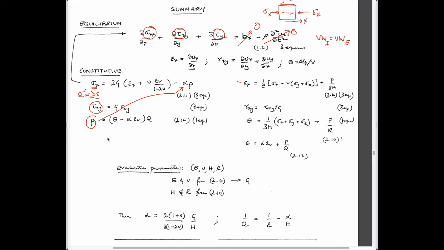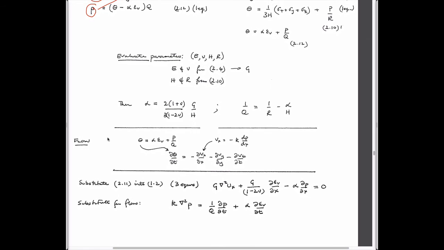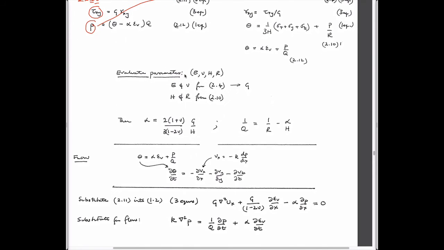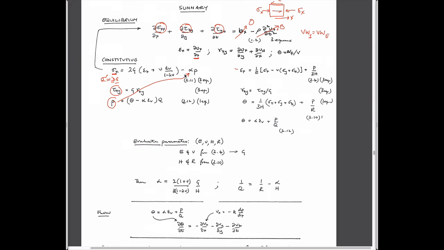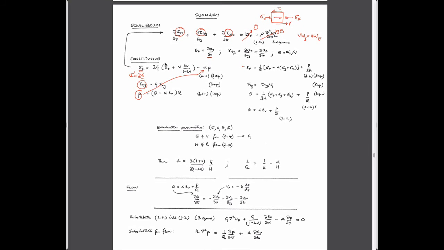And we can combine all those together. If we combine them all together, then we end up with a single equation, which is this. Actually, one equation in each direction that we have. So you can imagine that if we substitute a value of stress into here, then we'll have an equation that includes strains and pressures. If we substitute this into here, we're going to have strains and pressures in this term.